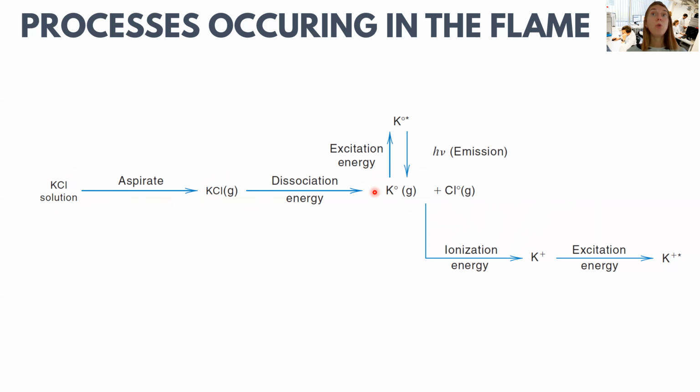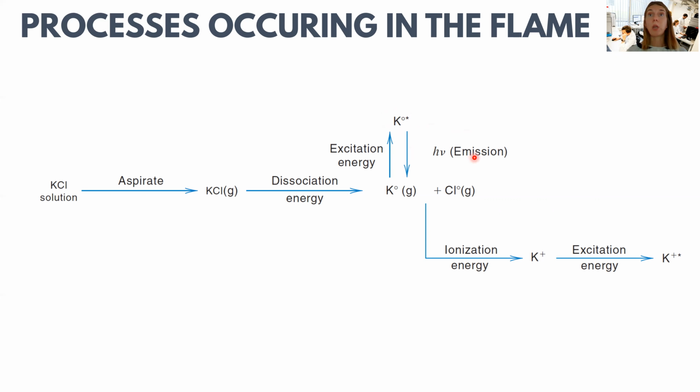The atoms are first in their ground state, which is the state that we are not interested in for atomic emission spectroscopy. But when these atoms in the ground state gain energy from the environment, for example, from the flame, then they can turn to the excited state. And from the excited state, they can return back to the ground state with emission of a quantum. So this is what we want to measure in atomic emission spectroscopy.